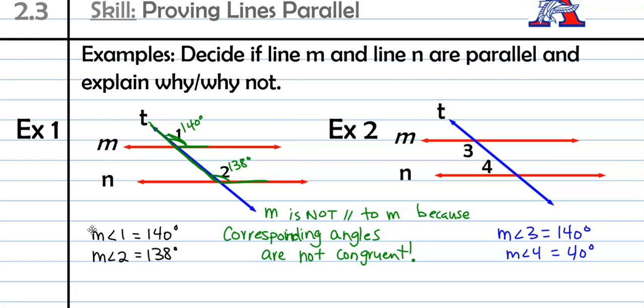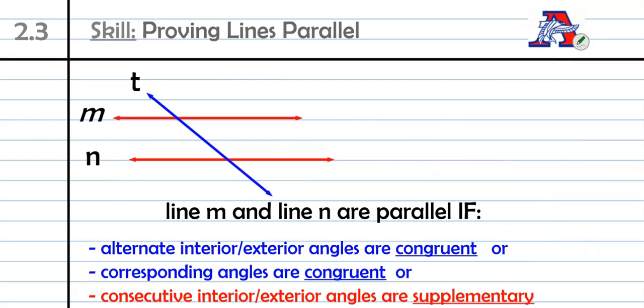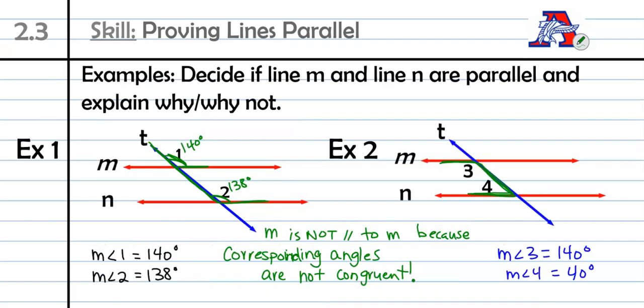Oh, that's right, because angles 3 and 4 are consecutive interior angles, and consecutive interior angles should be supplementary if our lines are parallel. Well, 140 degrees plus 40 degrees is equal to 180 degrees.